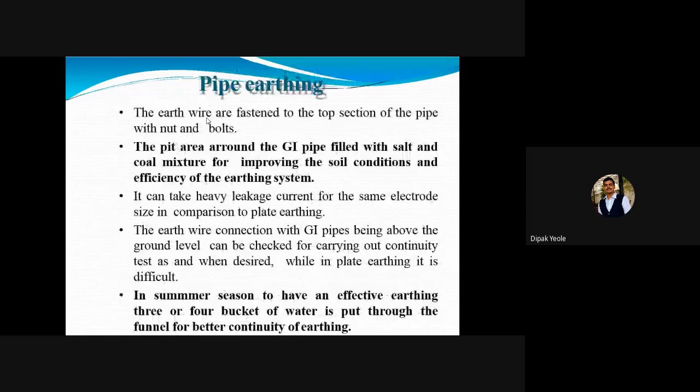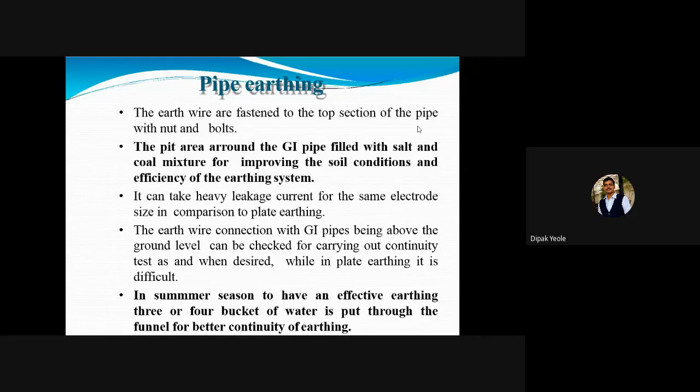So the earth wire is fastened to the top section of the pipe with nuts and bolts. The pit area around the GI pipe is filled with salt and coal mixture for improving the soil conditions and efficiency of the earthing system. Last class ला क्वेश्चन विचारला होता की सॉल्ट अँड कोल मिक्सचरचा यूज काय. So it is used for improving the soil conditions. Obviously we are interested in maintaining the resistance of the soil.